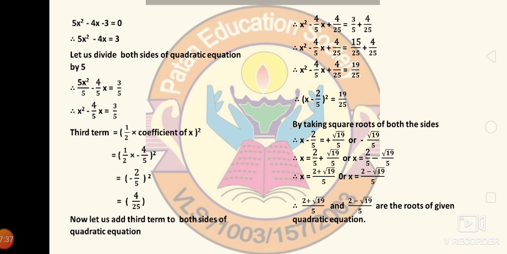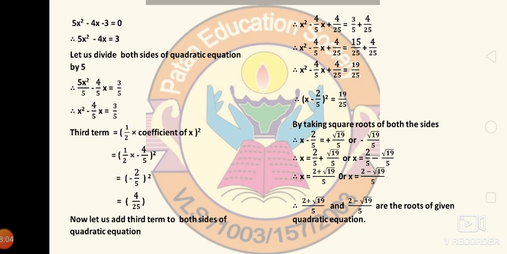Now see, x is equal to, minus 2 by 5 will come on this side and become positive 2 upon 5, plus under root 19 upon 5, or x is equal to 2 upon 5 minus under root 19 upon 5. Now the denominators are the same, so you can add or subtract the numerators according to the sign.